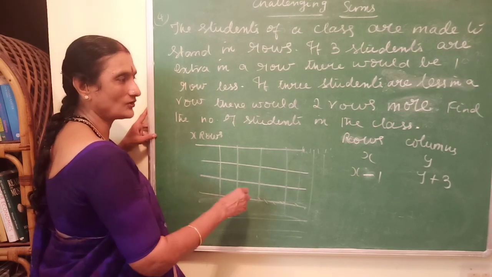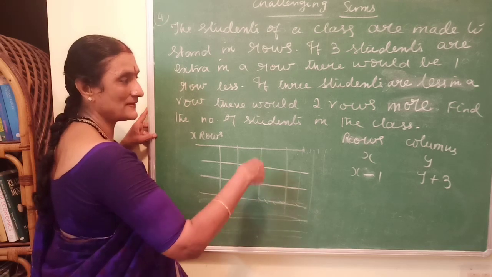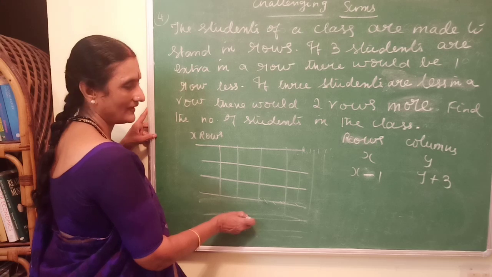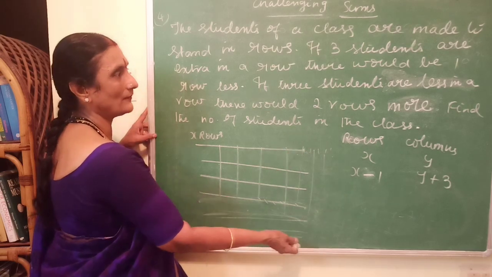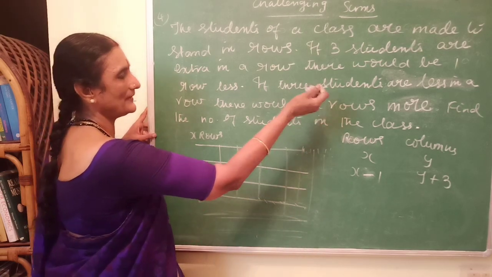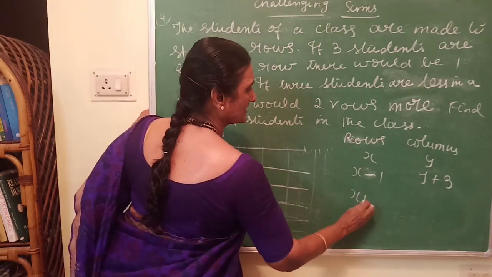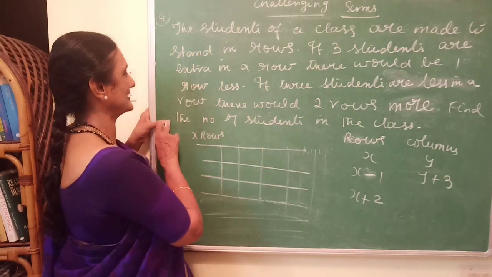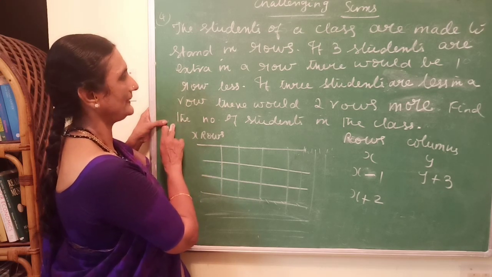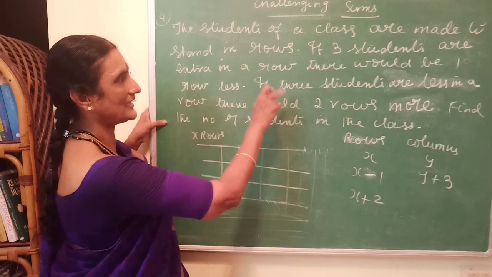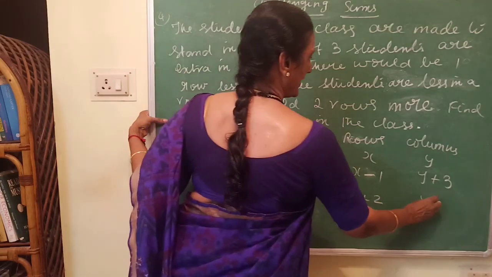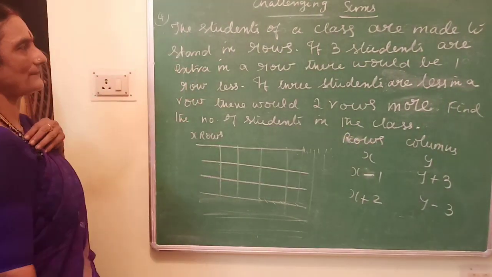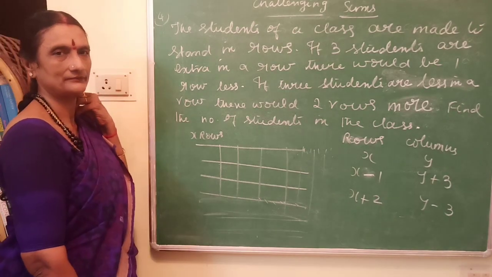Columns get reduced, whereas rows will be more. How many rows will be more? 2 rows. So x plus 2 rows. The columns in the second situation, if 3 students are less, will be y minus 3. From this we have to get the equation.